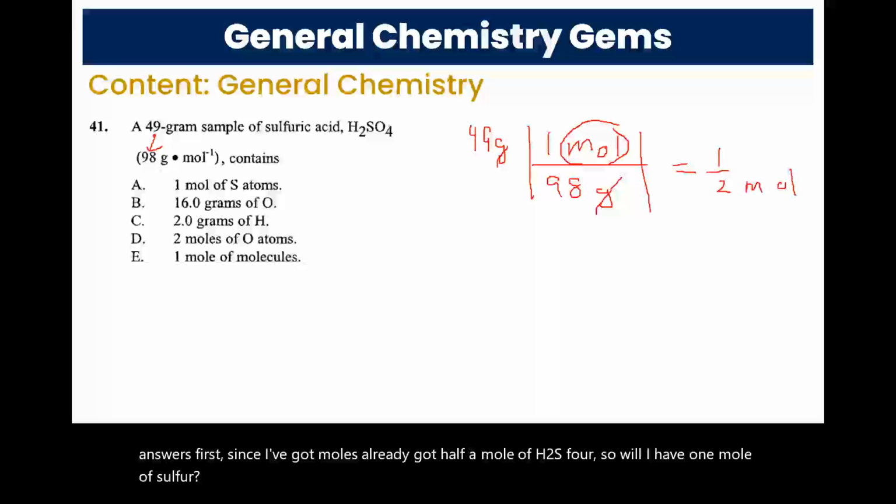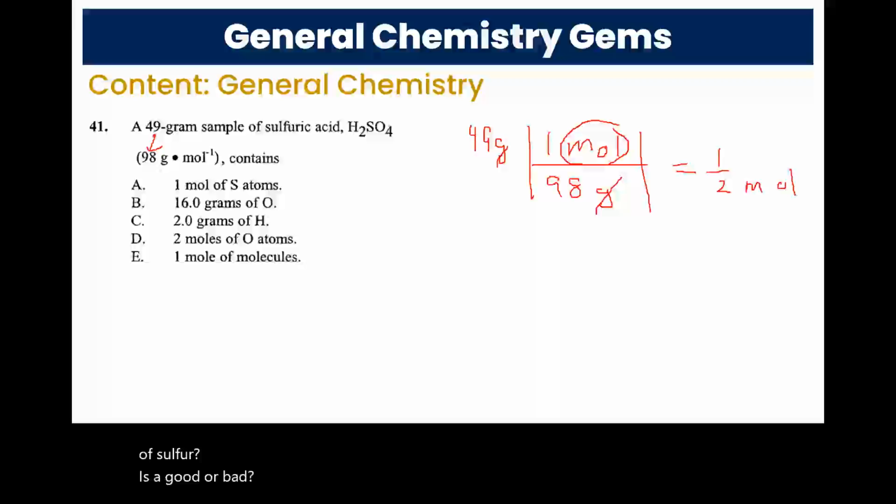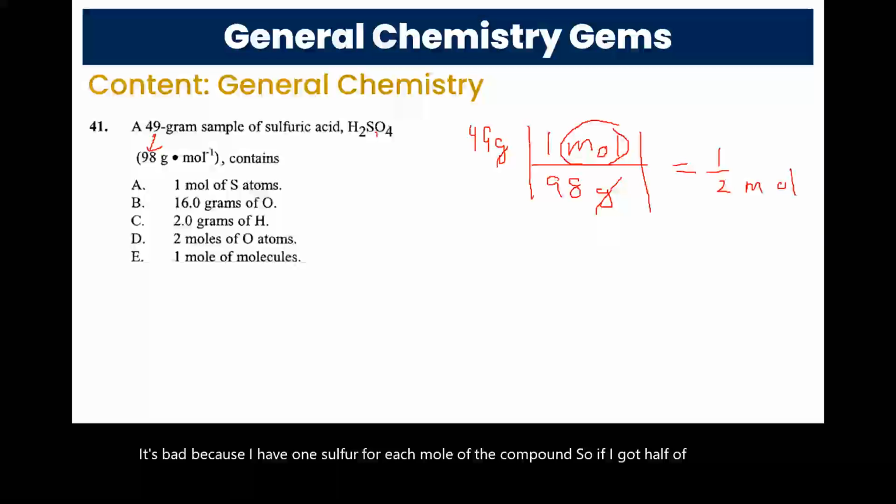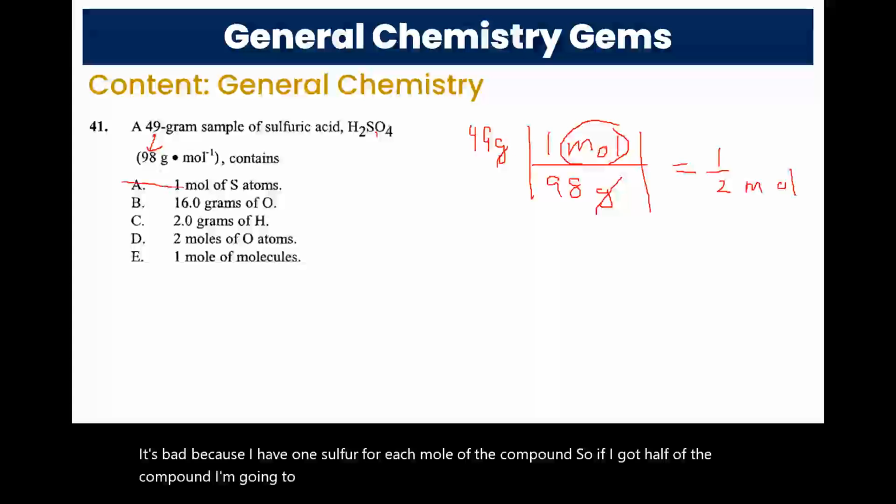Is A good or bad? Bad. It's bad, because I have 1 sulfur for each mole of the compound. So if I got 1/2 a mole of the compound, I'm going to have 1/2 a mole of sulfur.